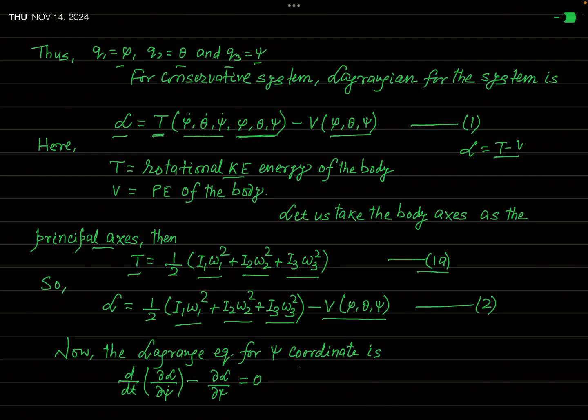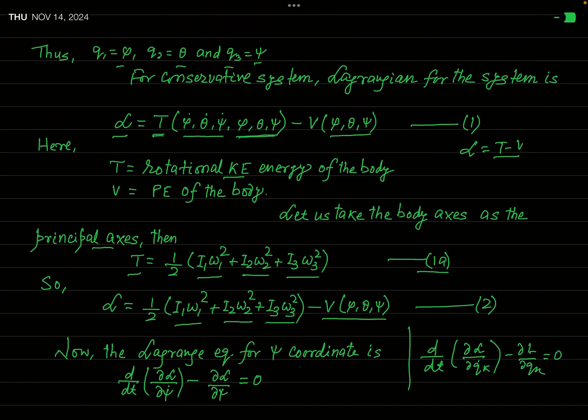You have seen the Lagrangian formulation of mechanics earlier in my videos, and you know the Lagrange equation of motion for a conservative system is written as d/dt (del L by del qk dot) minus del L by del qk equals 0.